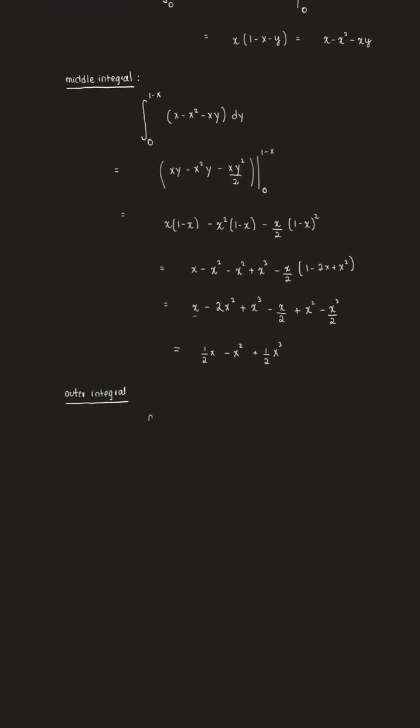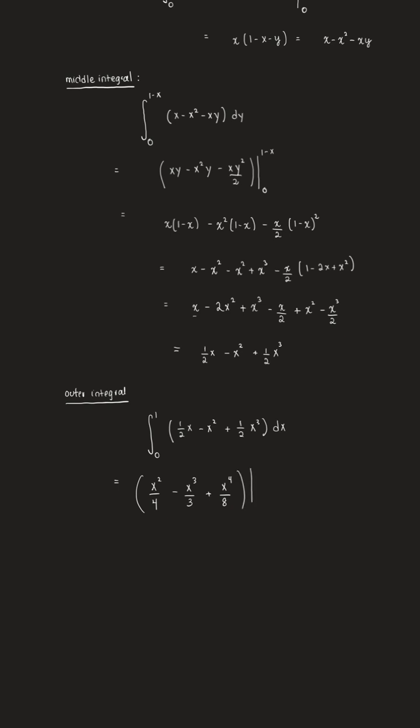So we have the integral from 0 to 1 of 1/2 x minus x squared plus 1/2 x cubed dx, and this is going to give us 1/2 x squared over 2, or x squared over 4, minus x cubed over 3, plus 1/2 x to the 4 over 4, so plus x to the 4 over 8.